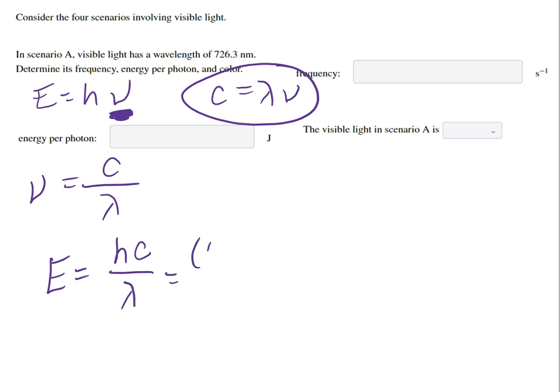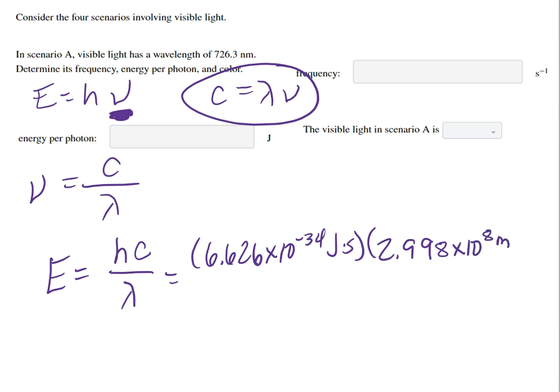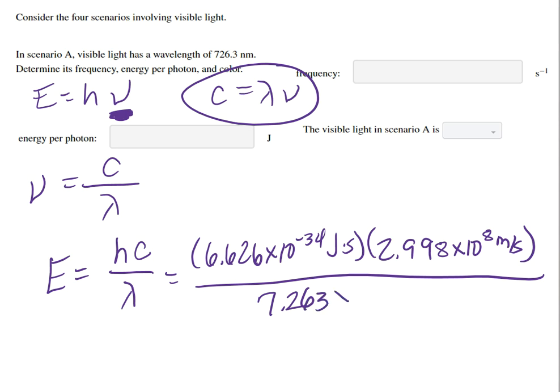And so I would have used Planck's constant, 6.626 times 10 to the minus 34 joules times seconds. I would have had my speed of light, 2.998 times 10 to the 8 meters per second. I would have had my wavelength, which we determined after we converted to meters was 7.263 times 10 to the minus 7 meters.